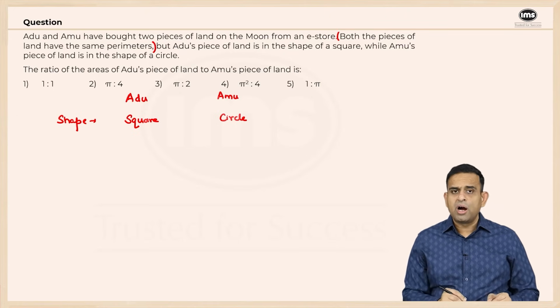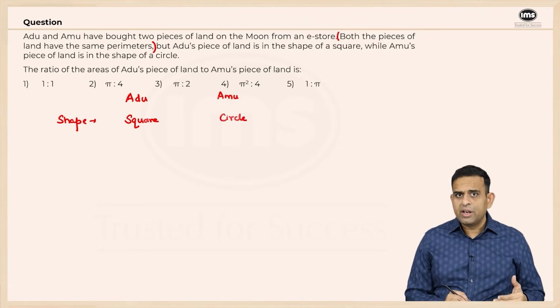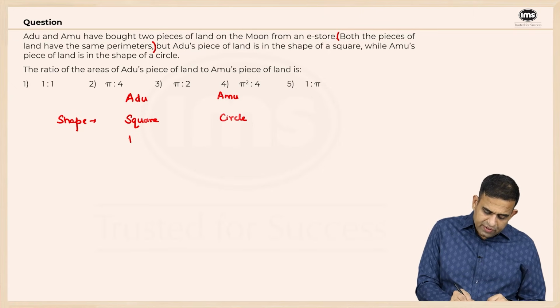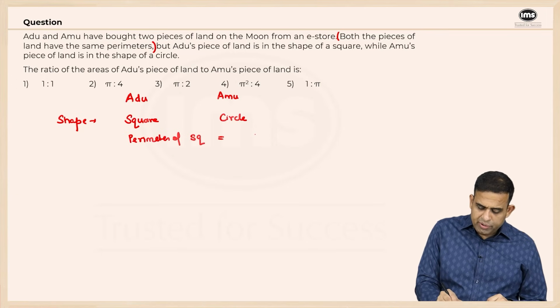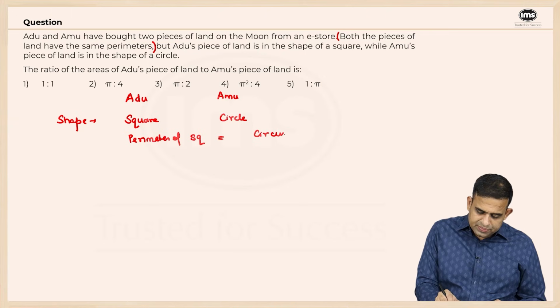This was the important part where we can relate the dimension of the square with the dimension of the circle. So they have given the perimeter of the square will be equal to the perimeter of, one can say, the circumference of the circle.